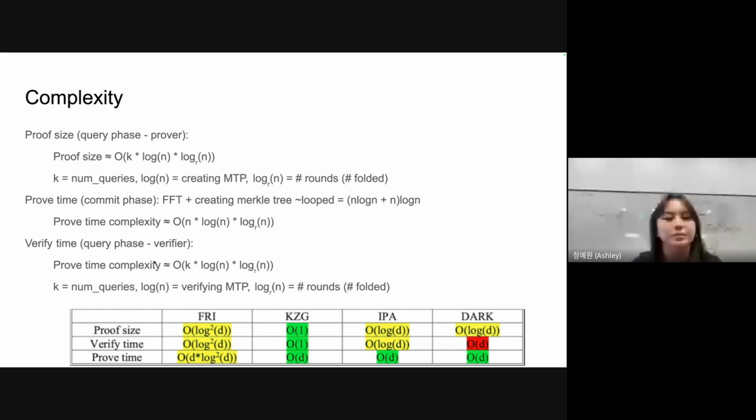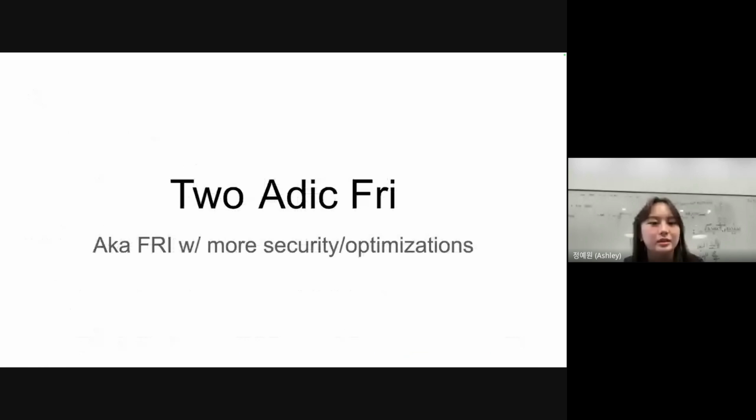And then for verify time, it's a similar result to proof size. The number of queries is here, and then log n is how much it takes to verify the Merkle tree proof, and then log n is again the number of rounds that are run. So that's how complexity works for the Fri protocol.